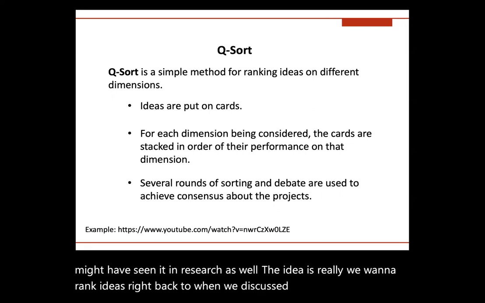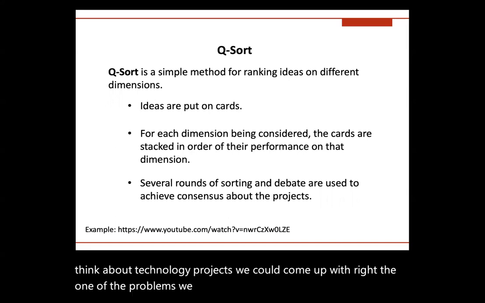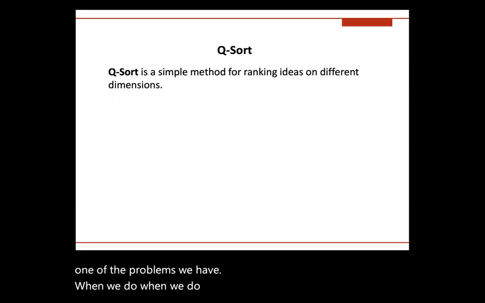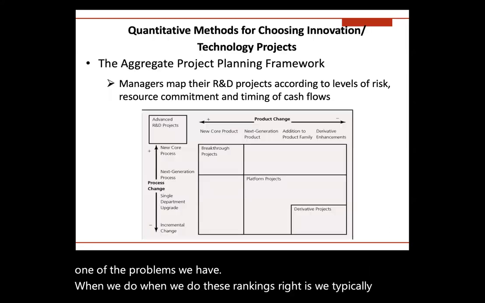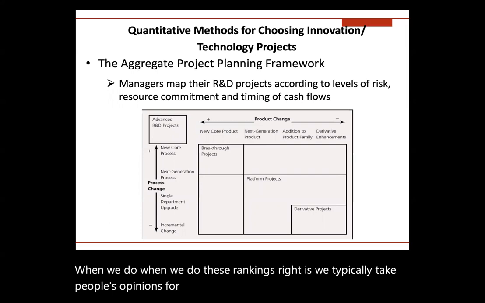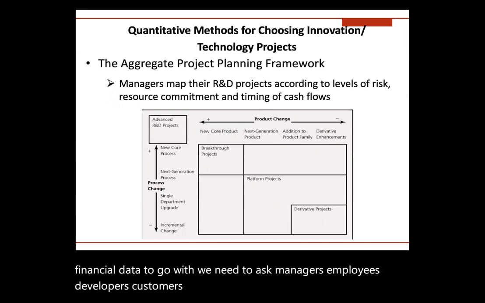But if we think about technology projects, one of the problems when we do these rankings is that we typically take people's opinions, because when we don't have hard financial data, we need to ask managers, employees, developers, customers, et cetera. And so we need to rank these opinions or positions properly.